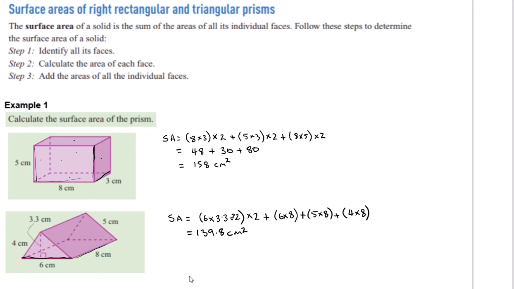And that is how you work out the surface area of a prism.